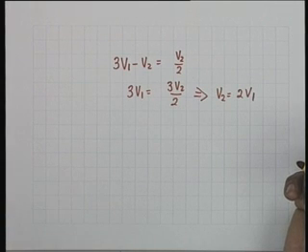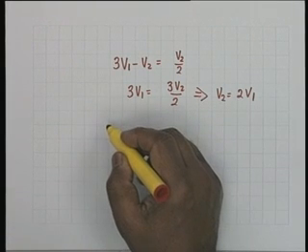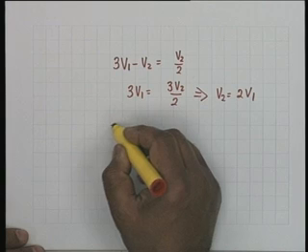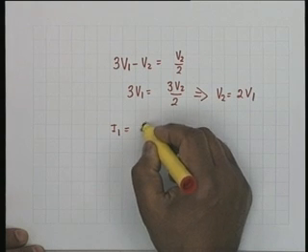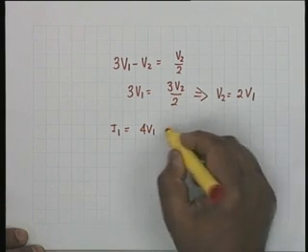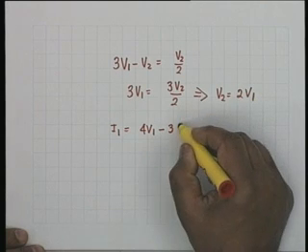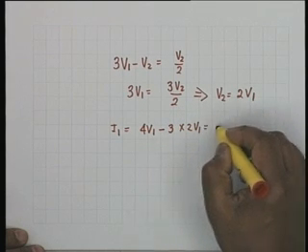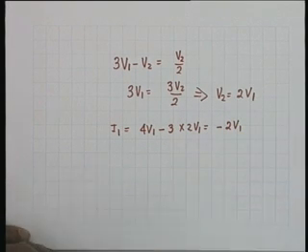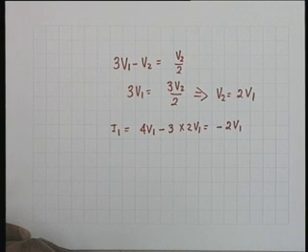If I combine now with the first equation, I get I1 as equal to 4 V1 minus 3 times 2 V1, which is equal to minus 2 V1.